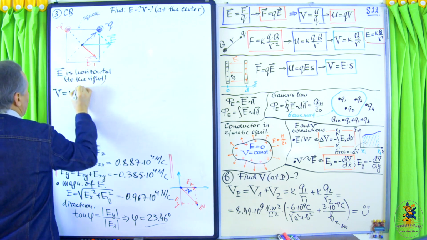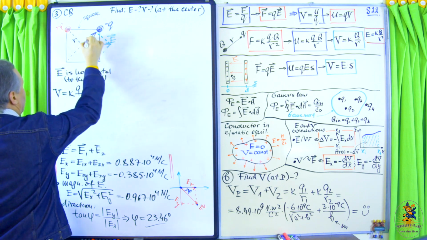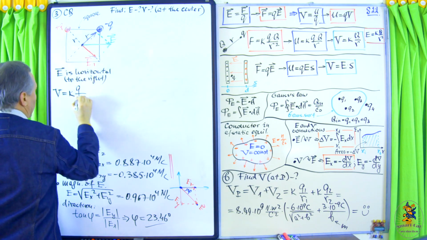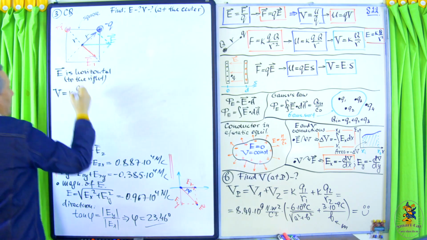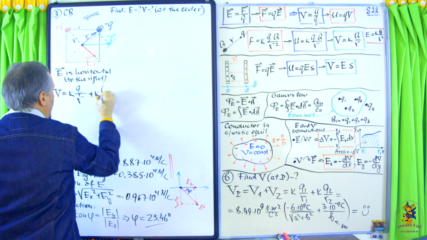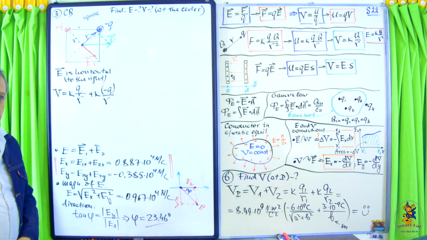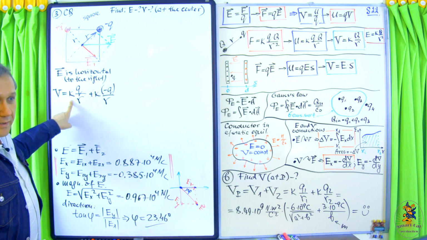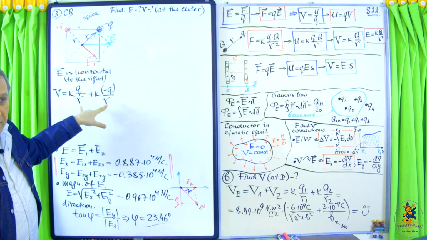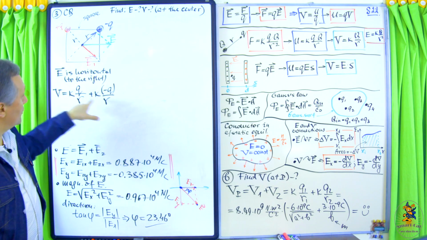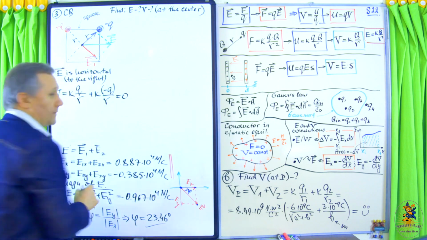KQ over R, and that distance is R, so Q over R. And this will be negative plus K minus Q over R. So the contribution to the net electric potential from this charge is positive, from that charge is negative, and they're exactly the same in absolute value. So this plus that is 0.